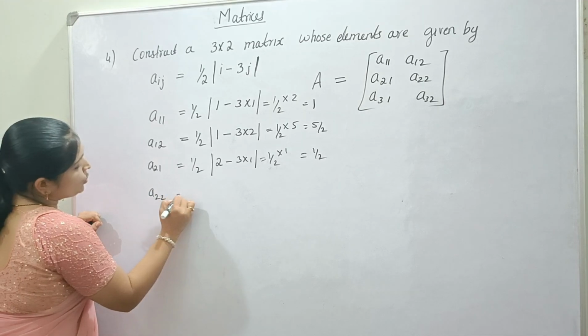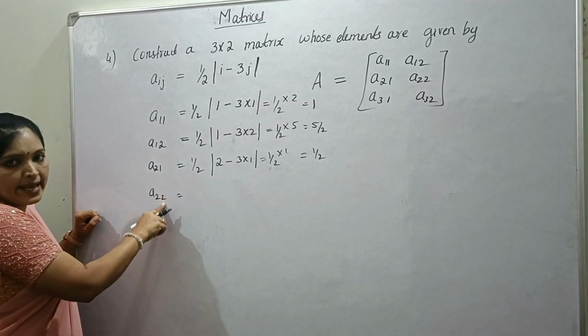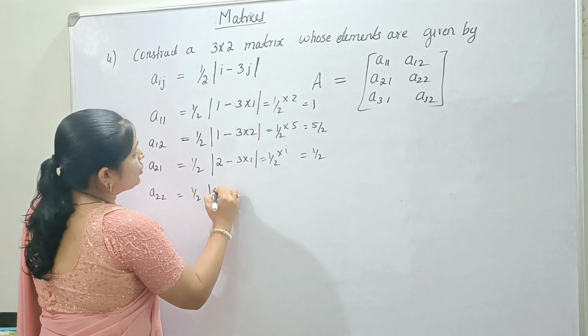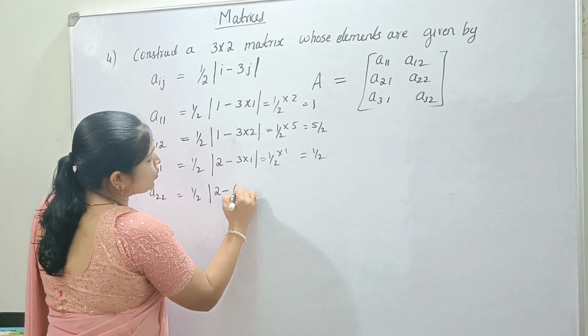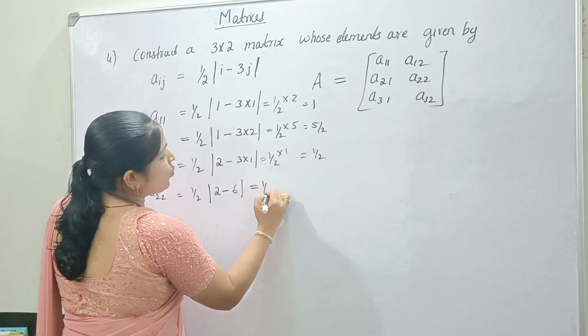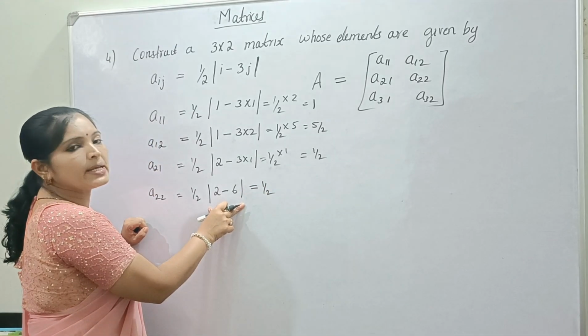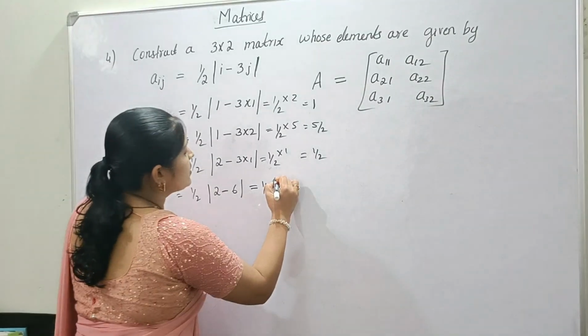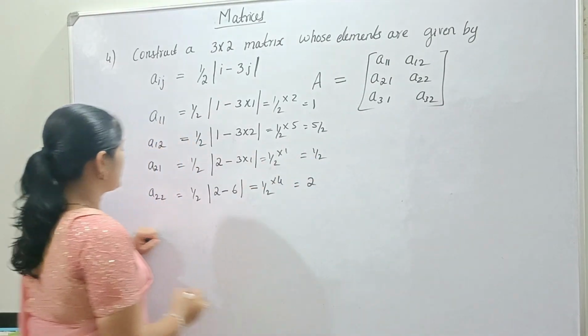Next, A22: here i is equal to 2, j is equal to 2, that is 1 by 2 into modulus of 2 minus 3 into 2, that is 2 minus 6, modulus minus 4, modulus minus 4 is 4 itself, that is equal to 2.